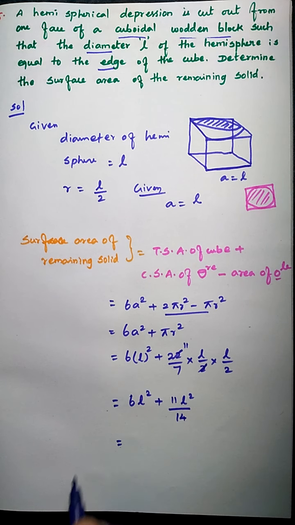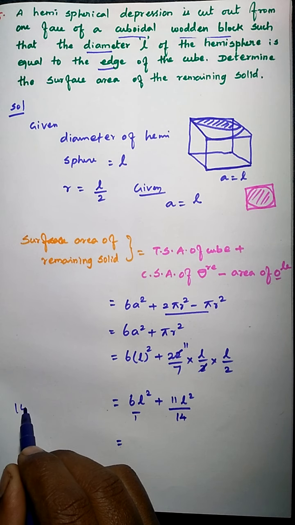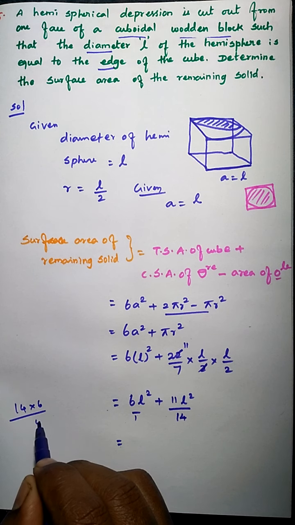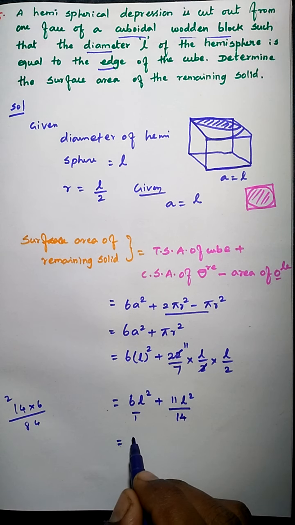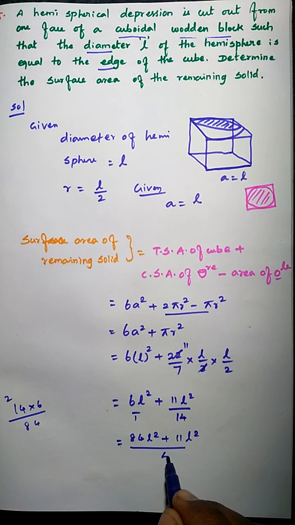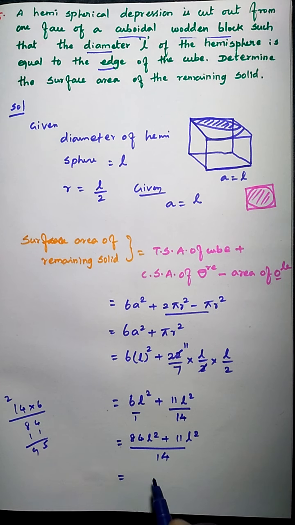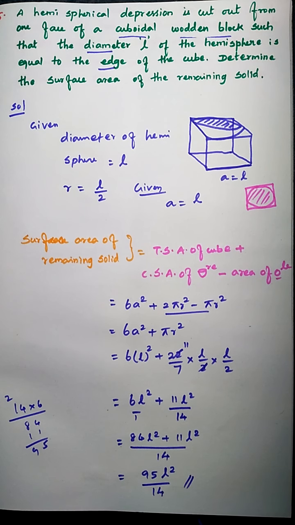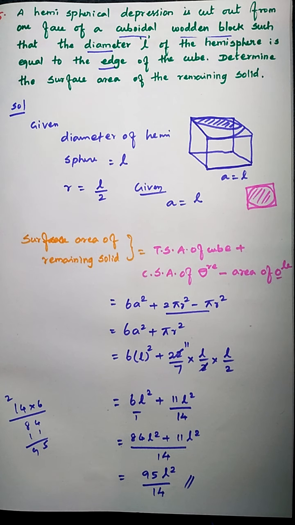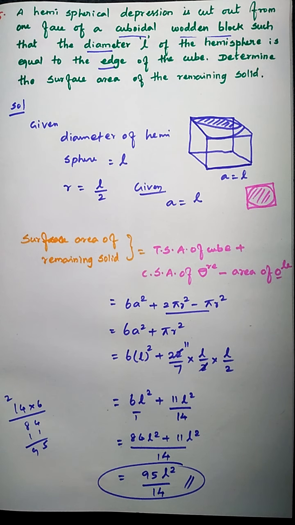If you want to do cross multiplication, take denominator 1, then 14 into 6 is 84. So 84 L square plus 11 L square by 14, add now 11, then 95 L square by 14 is the total surface area of the remaining solid. If you are not applying this pi value, you will get a different answer. If you apply the pi value, you will get this. Hope that you understand this.